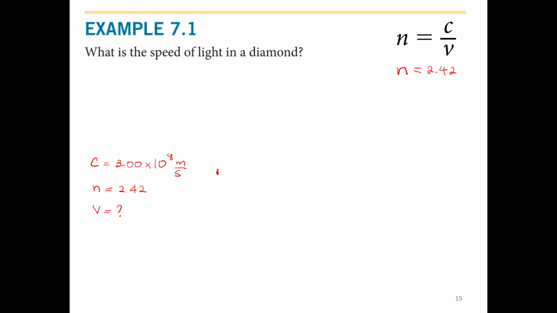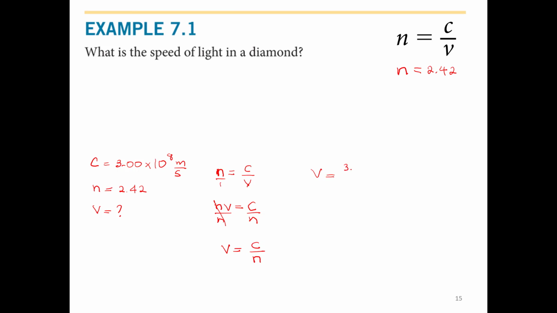We can just cross multiply, because we need to solve for v, the velocity of the light in diamond, and we divide by the index of refraction, so v equals c over n.